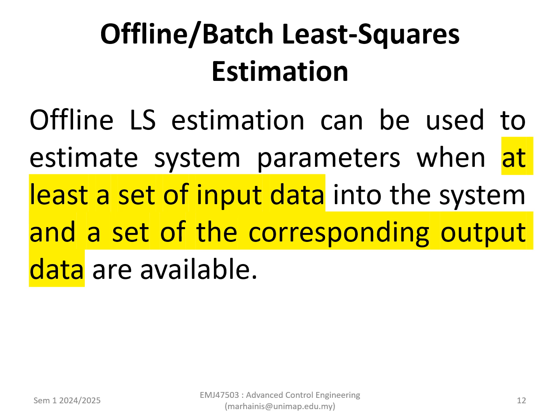Offline batch least square estimation can be used to estimate system parameters when at least a set of input data into the system and a set of the corresponding output data are available.